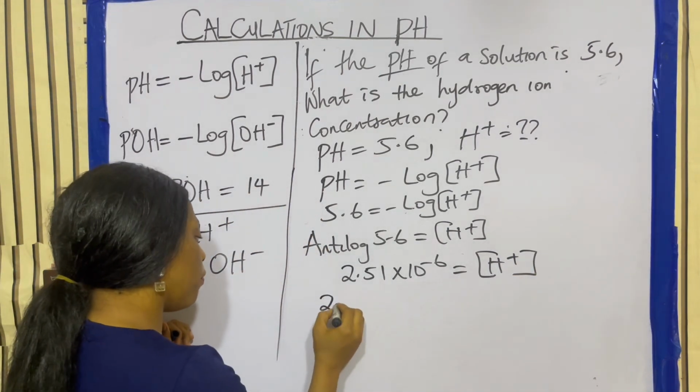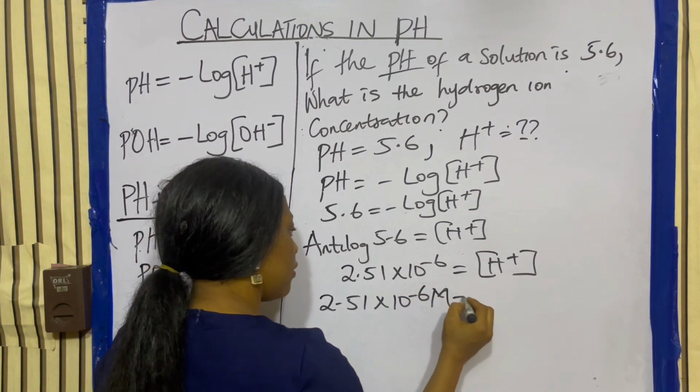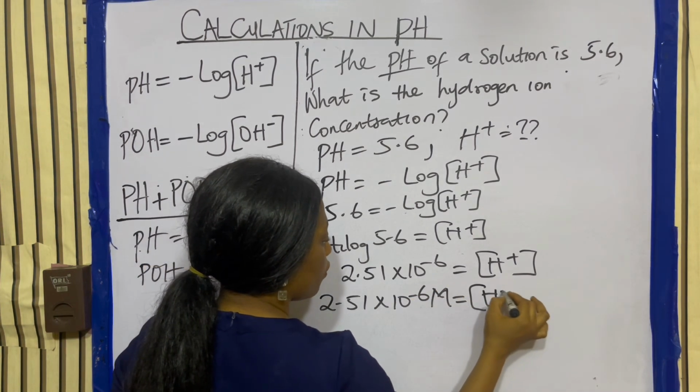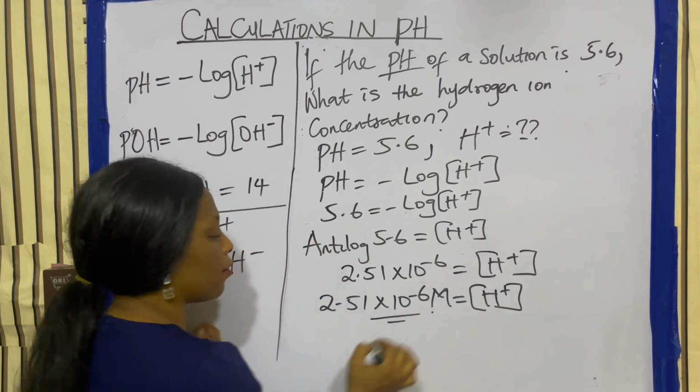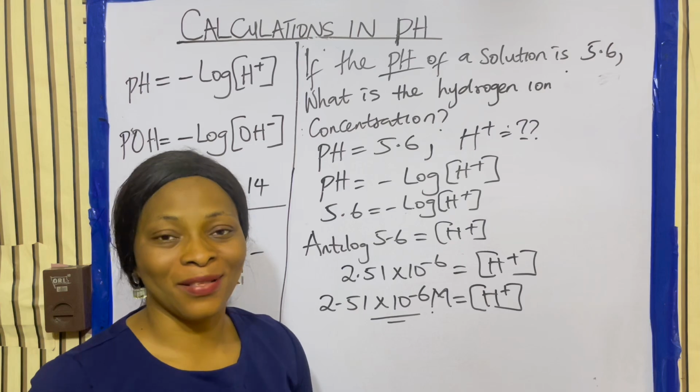So 2.51 times 10 raised to power minus 6 mol per litre is the answer. Isn't that simple?